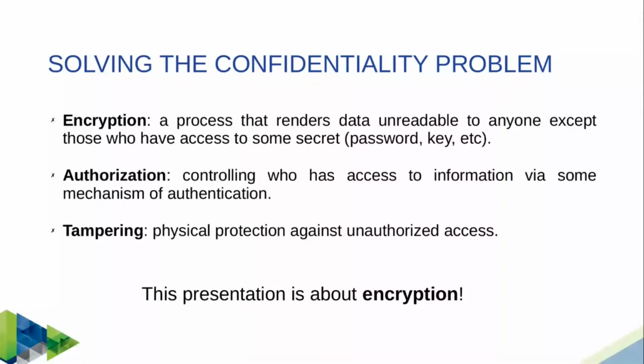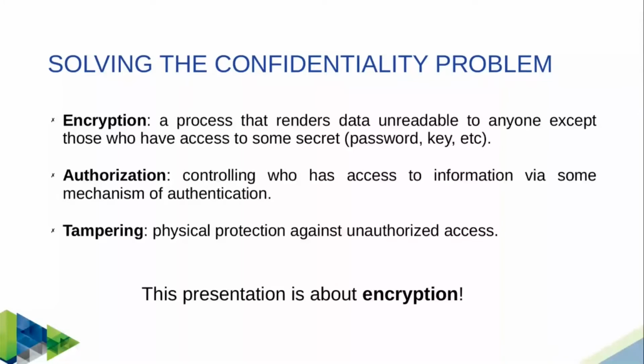Tampering is another technique. You could have a tampering system where if a user, for example, opens the device, then physical protection would trigger an erasing of the flash memory, for example. So you erase everything, so no one will be able to access the data from your device.